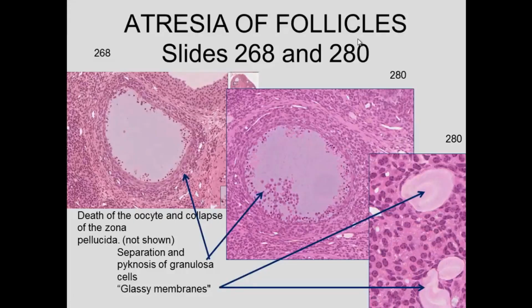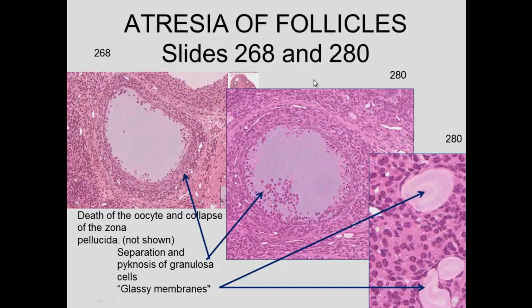Now, all follicles do not ovulate. You have a wave of them developing at one time, and only one is chosen as a rule. And the other ones die out, so they never make it to ovulation.